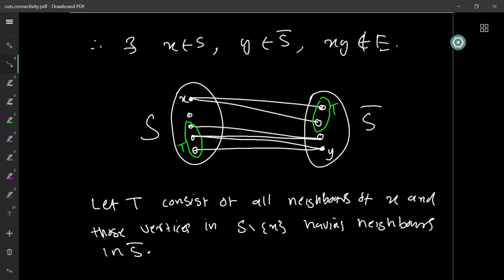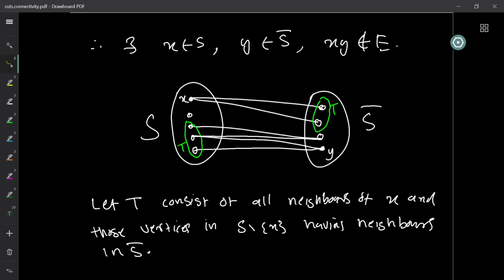Now we make a vertex cut out of this edge cut. You take this edge cut, look at the vertex x, and look at all its neighbors in S bar. I put all of them into a set T. Then I look at all the vertices in S that have at least some edge going to S bar.